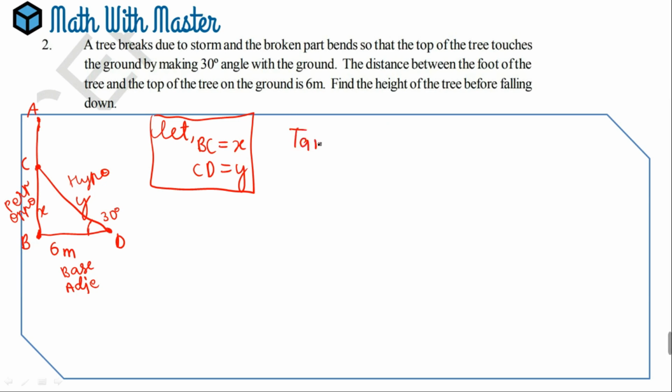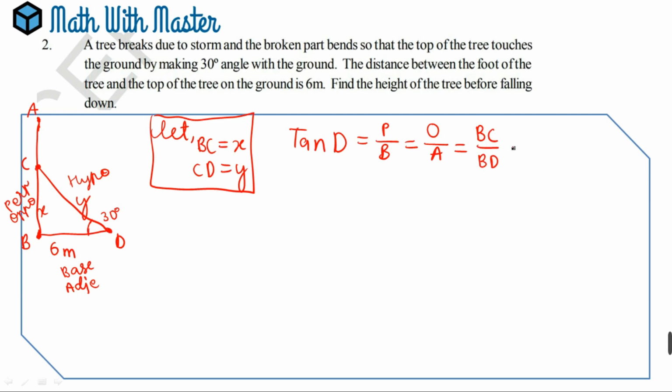So tan D is equal to perpendicular upon base, which is also equal to opposite upon adjacent. For angle D, opposite is BC upon adjacent is BD.